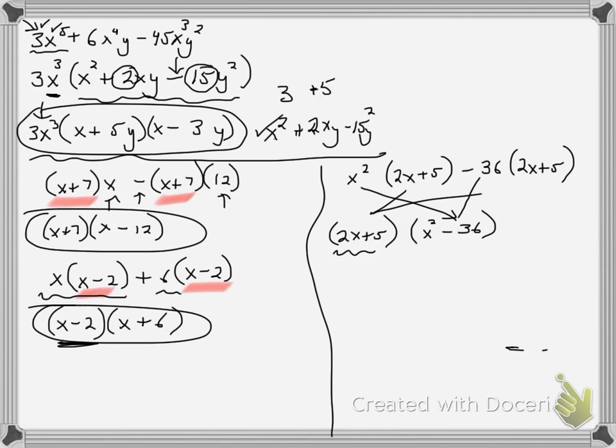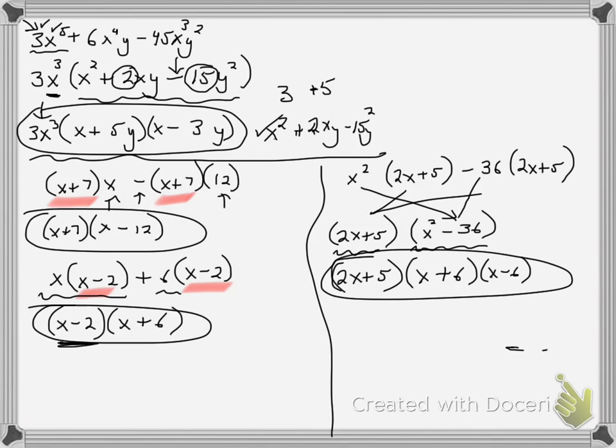This is fine as it is, but I can factor this some more. Why? That's the difference of squares. So change your second grouping here to x plus 6 times x minus 6. So always make sure, in factoring, the key is to always make sure you factor completely.